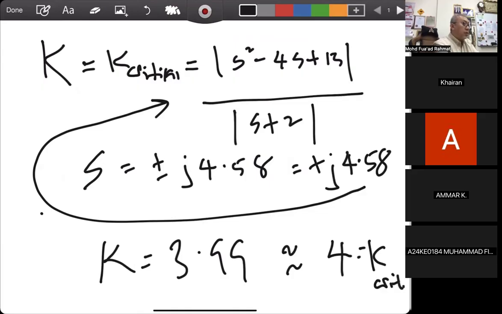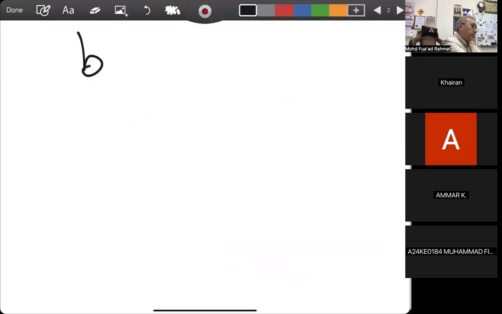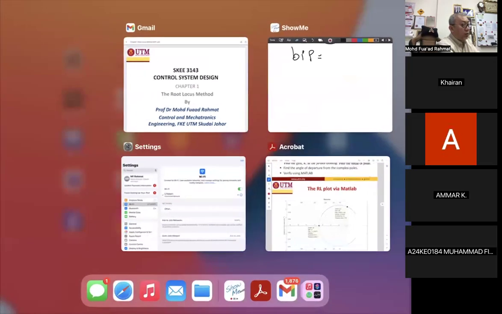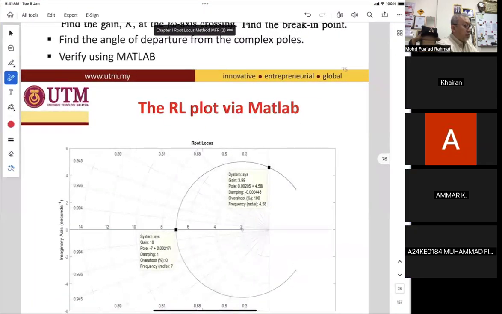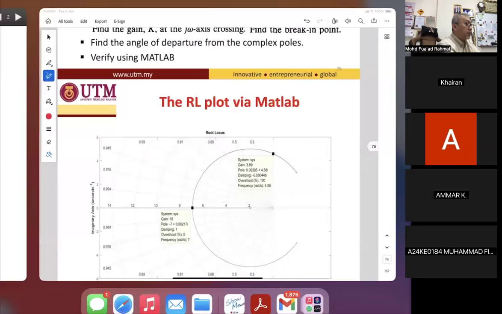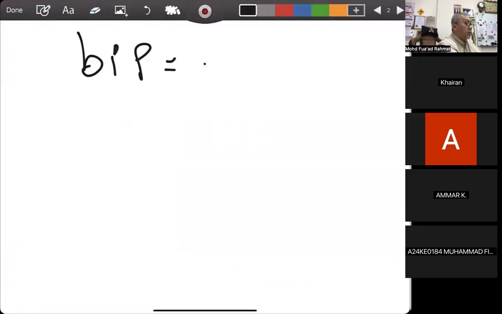And then the break-in point, which we read from the root locus, is minus 7, which is s.